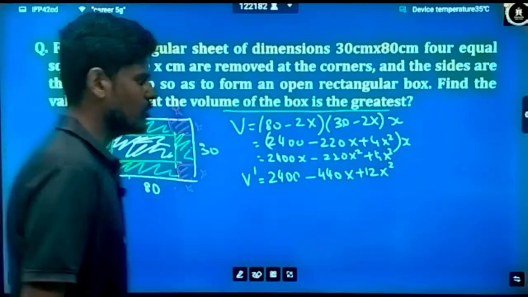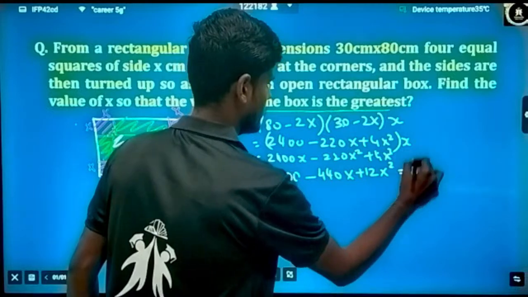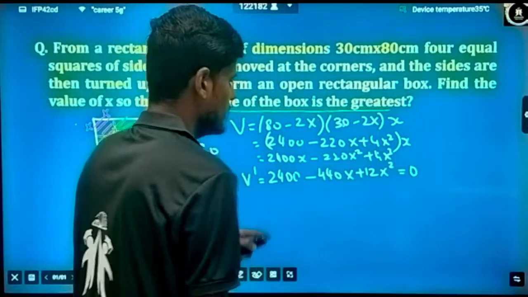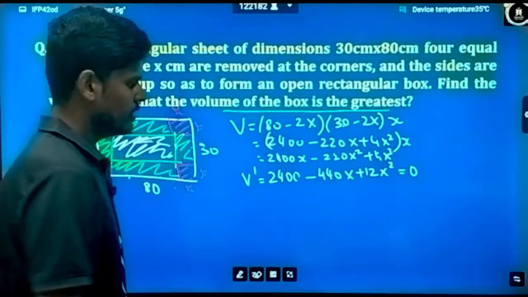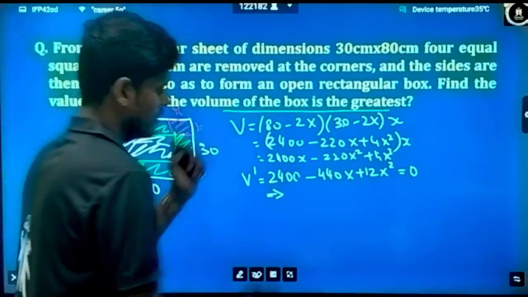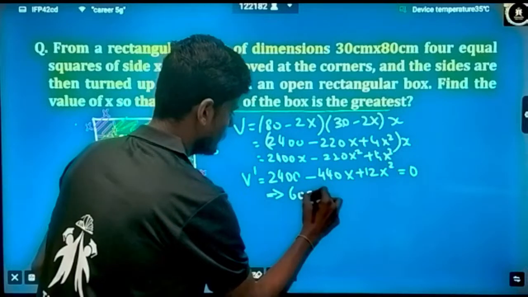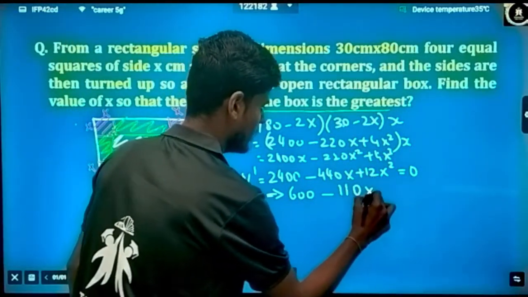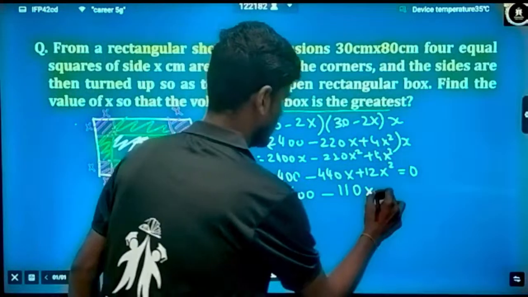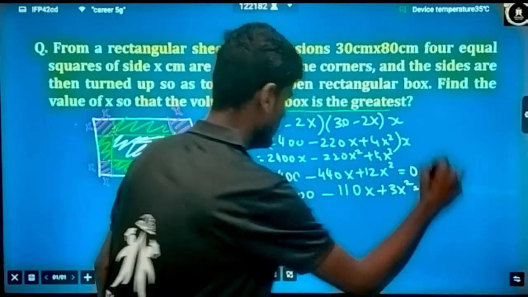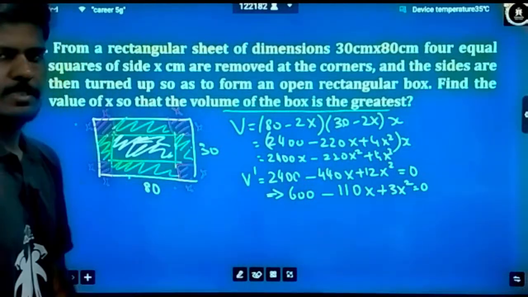Now this value should be equal to 0. For maximum, V dash is equal to 0. 4 is common, so we can divide this by 4, which means we get 600 minus 110x plus 3x square equal to 0. Now factorize this.